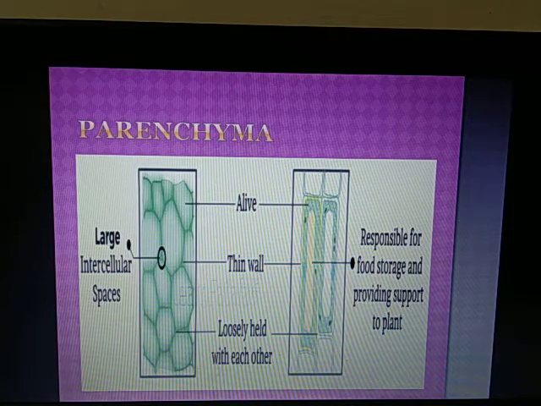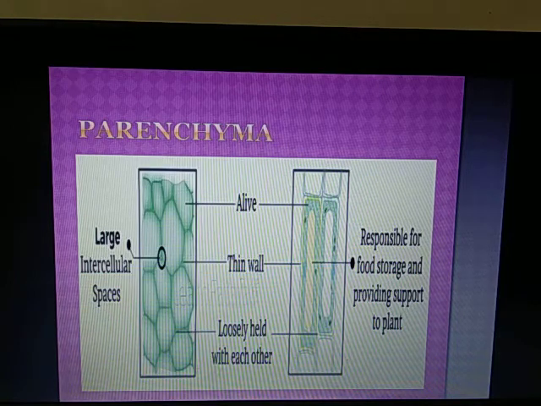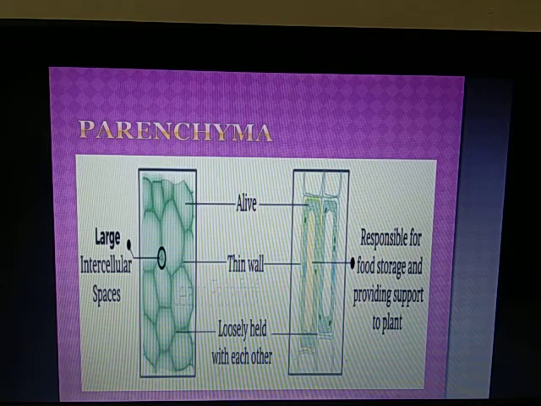If chlorophyll is present, it is called chlorenchyma, and if air cavities are present, it is called aerenchyma. Chlorenchyma helps in preparation of food, and aerenchyma provides buoyancy or helps in flotation of the plants.